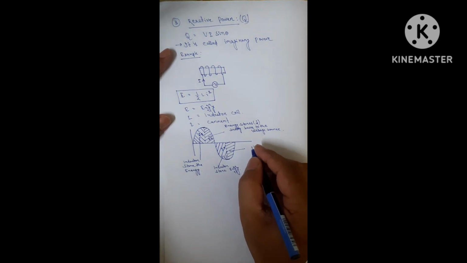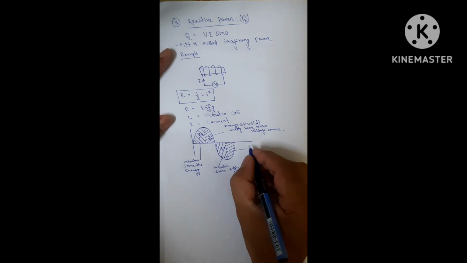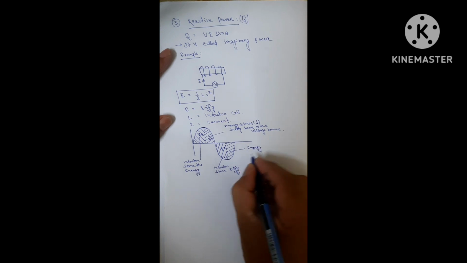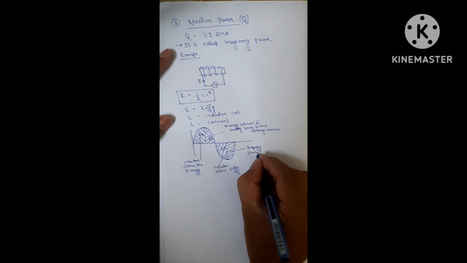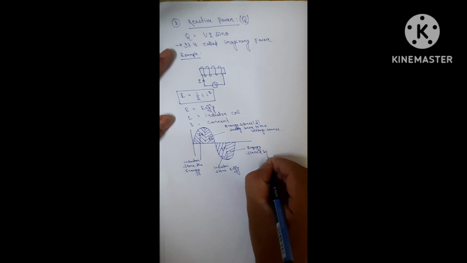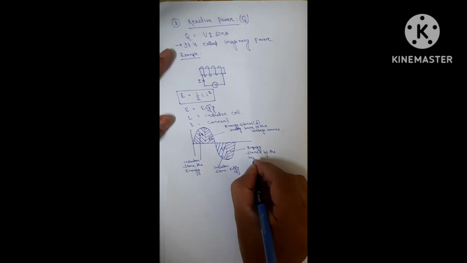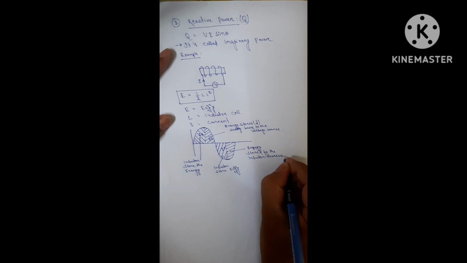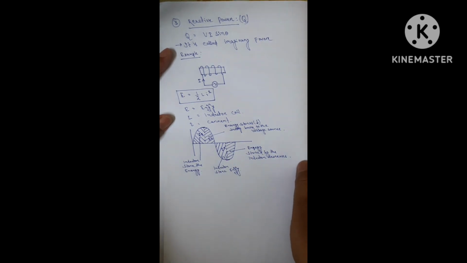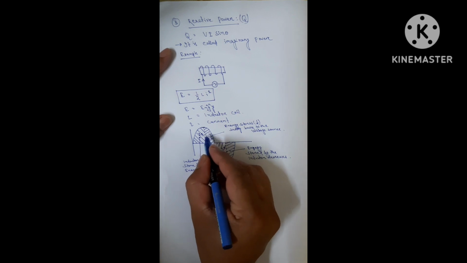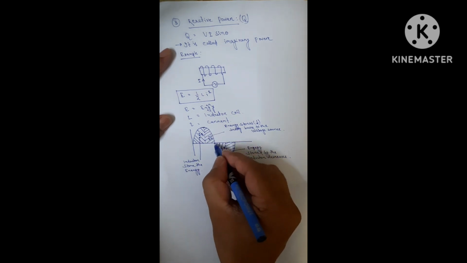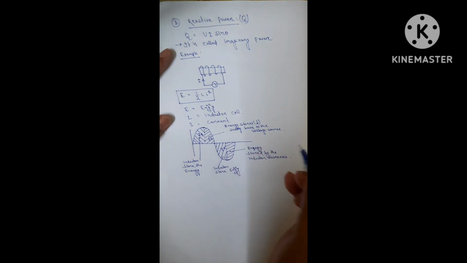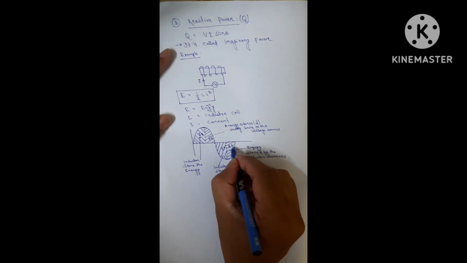In the fourth quarter, the energy stored by the inductor decreases again. Understood? First quarter increases, second quarter decreases. In the negative third quarter, the inductor energy stored again decreases, that is current again decreases.